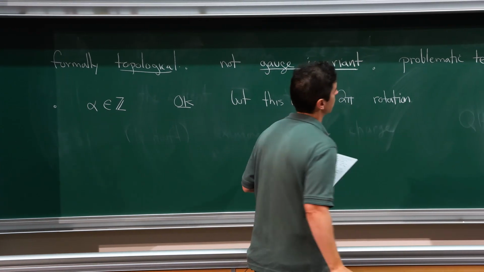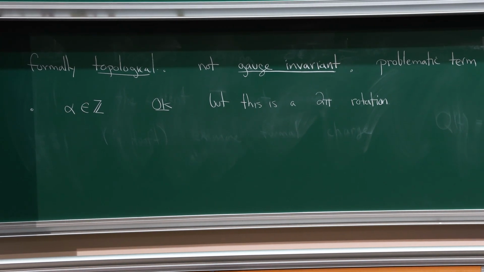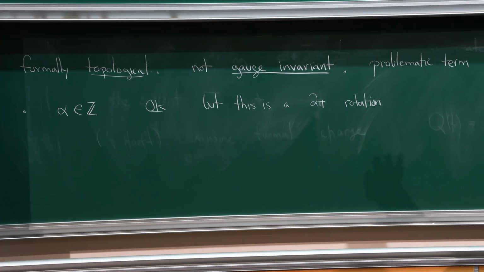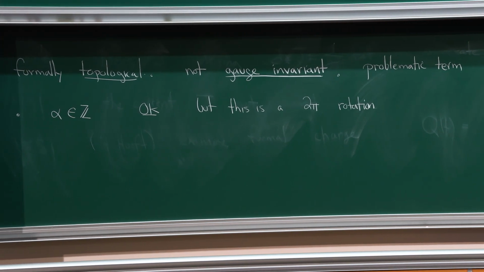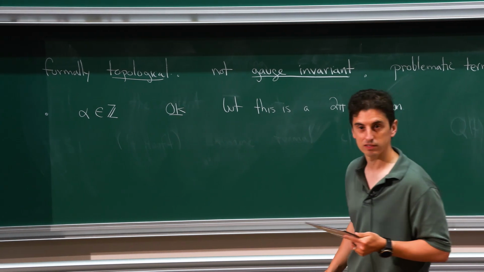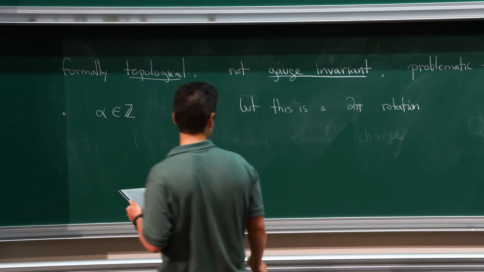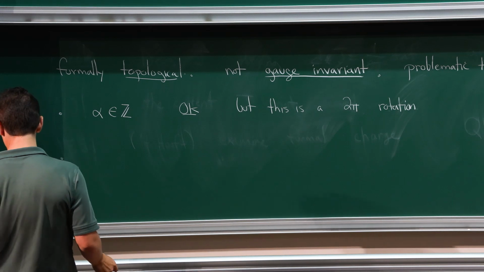You strike out because when alpha is an integer, this is a complete 2 pi rotation. Remember, this U is defined to be a rotation by angle 2 pi alpha. So if alpha is an integer, it's the nothing operation. Okay. So that's not good enough.